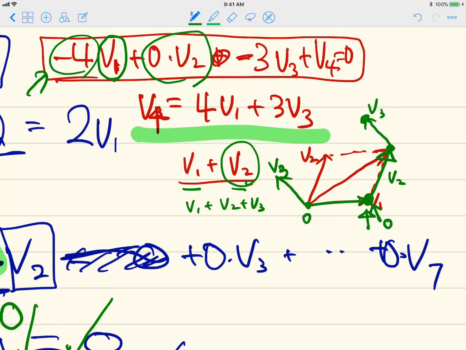The second destination adds nothing in this particular case, but here we also think of -3 times v3, starting from that point and moving by following another vector. So it's like starting from the origin, moving to a new point, then another new point, and then another new point, and so on.